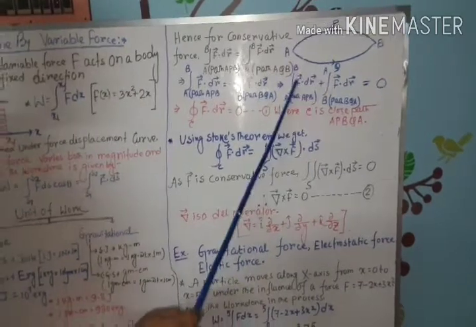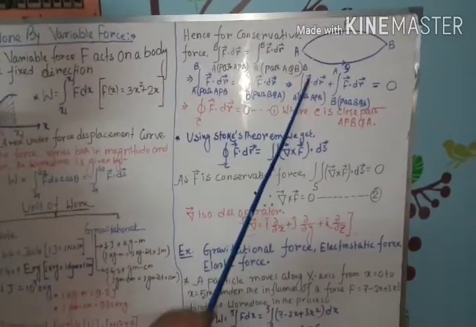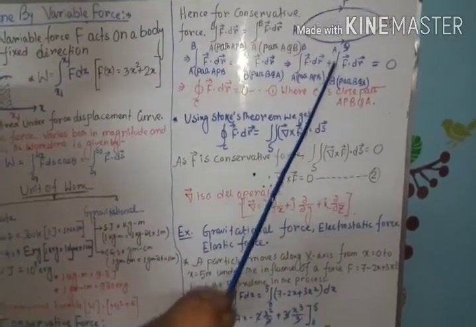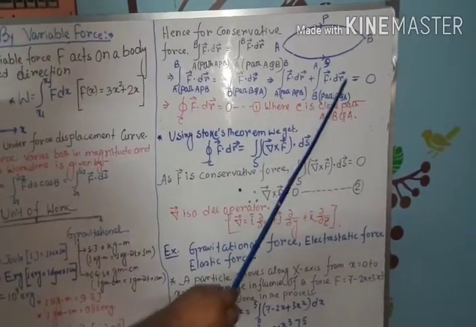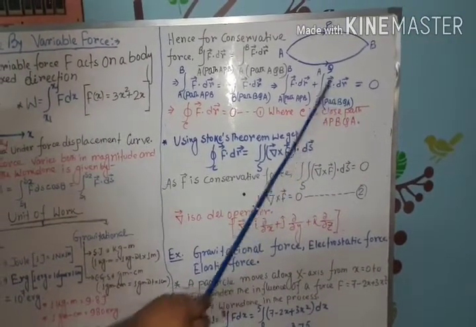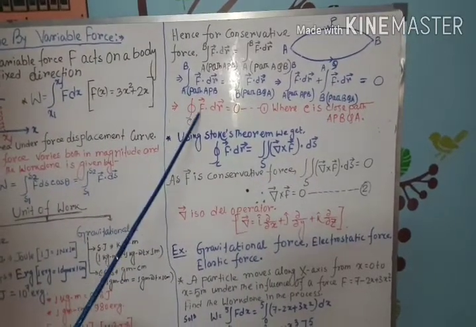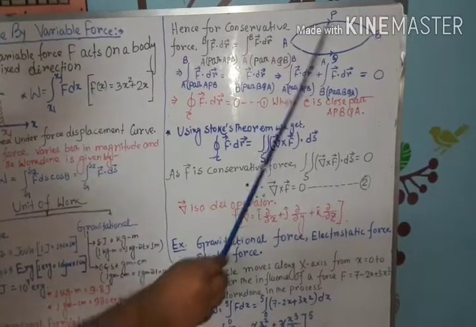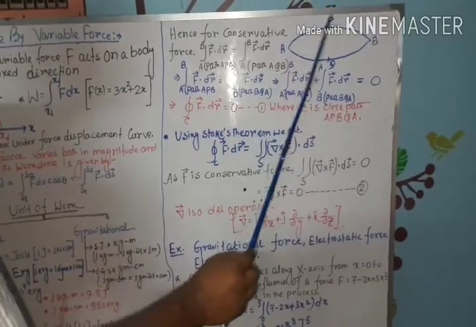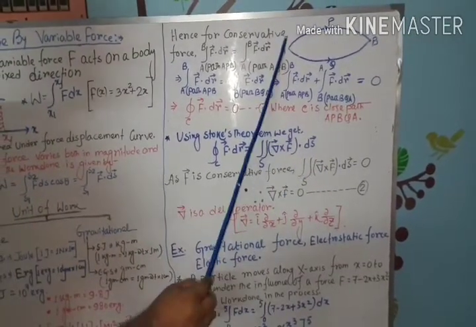Now see here, this is integration from A to B plus integration from B to A. If you add these two equations, you get an integration around a closed curve C, and this closed curve C, according to this diagram, is APBQA. Clear?